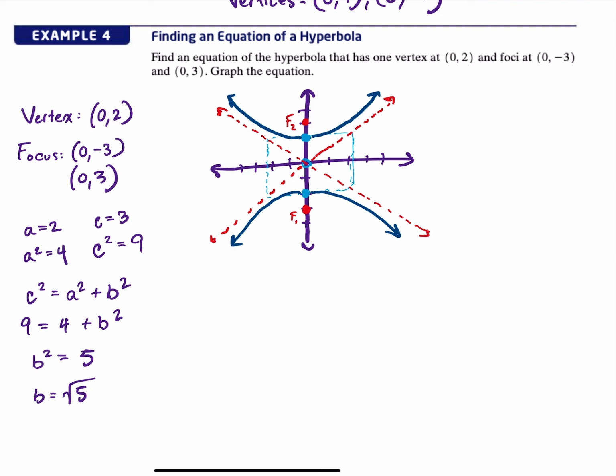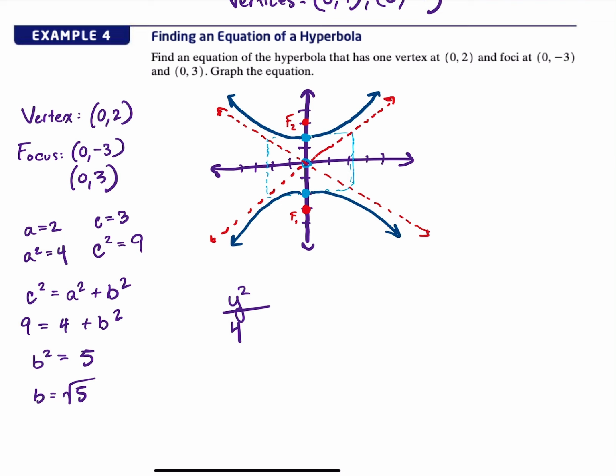So now let's build our equation because we have our A squared and B squared values. So it's opening upward and downward, so that means y squared should come first. A squared is 4. Yeah, that should be a distance of 2.